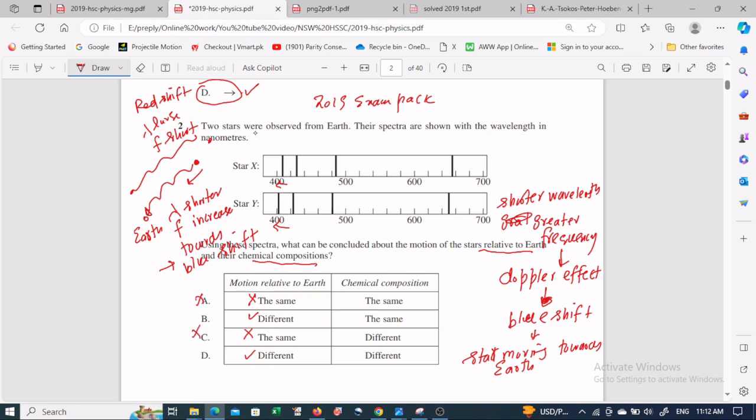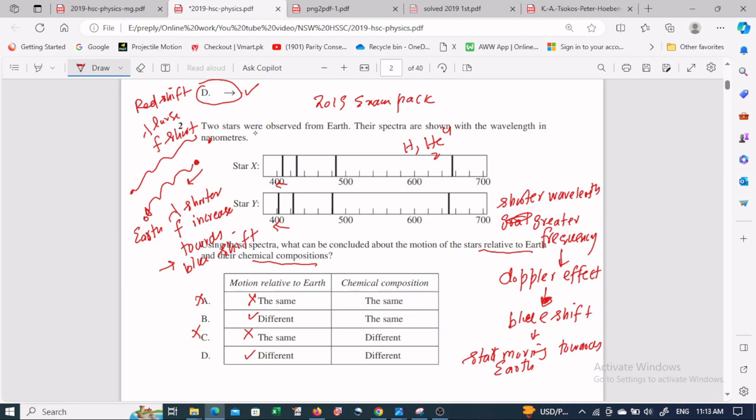So we have to check the chemical composition. As we know, these two stars X and Y have different wavelengths. Their spectra show different wavelengths, so it means their chemical composition is different, because the spectrum shows the elements that are present in the star, such as hydrogen, helium, and so on.